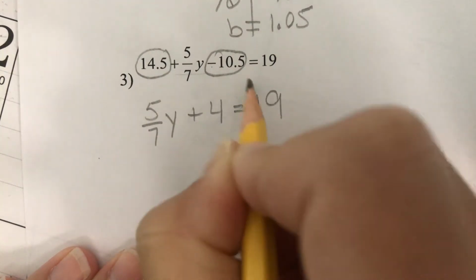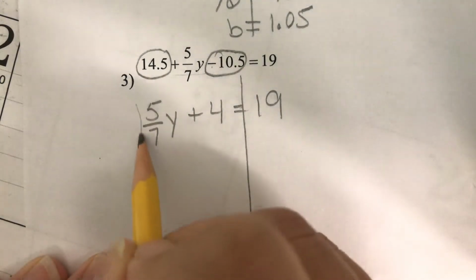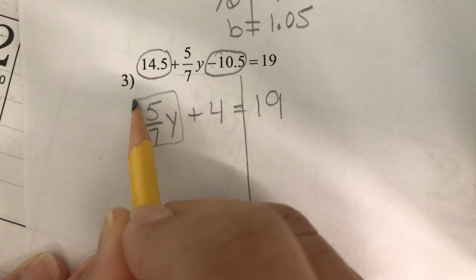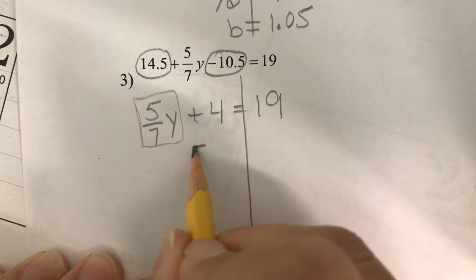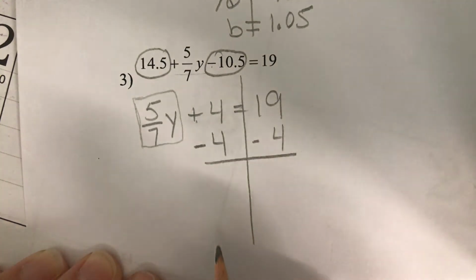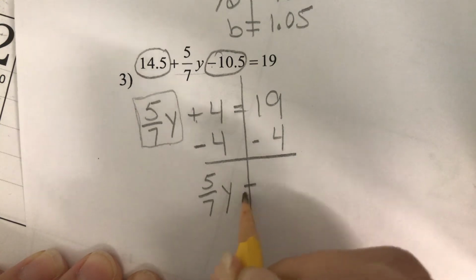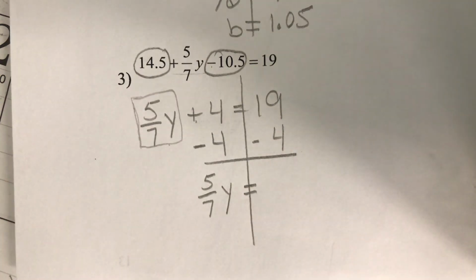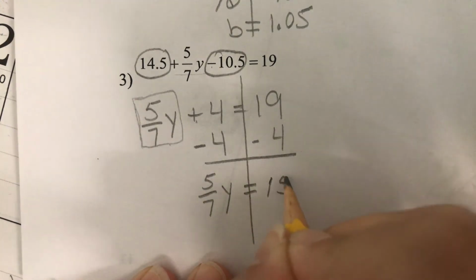Positive 4. We've got our two-step. We worry about that fraction at the end. Positive, so we subtract 4. Bring down my 5/7 y equal to, we do our subtraction. 19 minus 4 is 15.